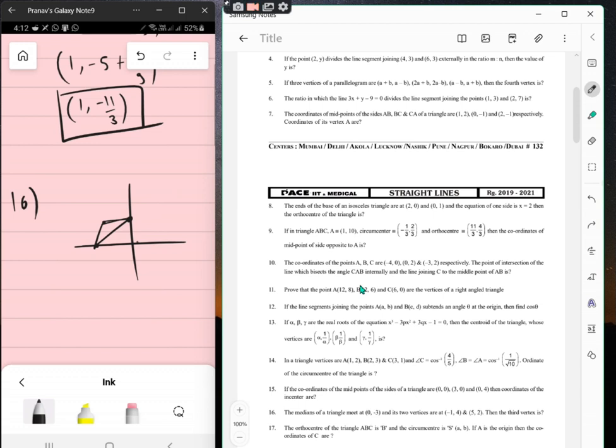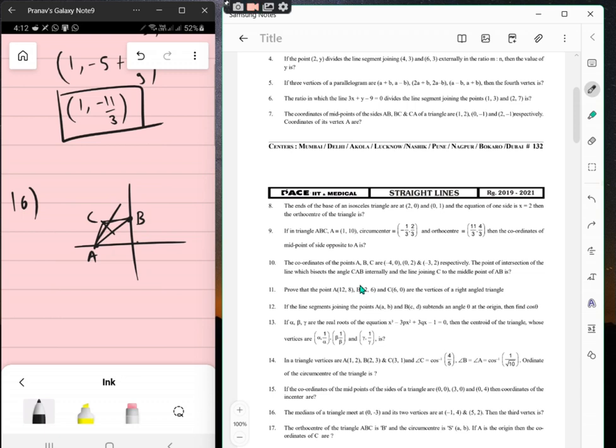Okay, what was going on? The point of intersection of the line which bisects the angle CAB, so like this, and the line joining C to the middle point of AB. Okay, so you need to find that point.